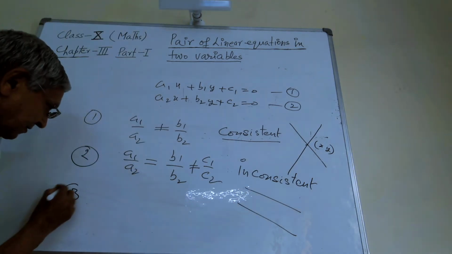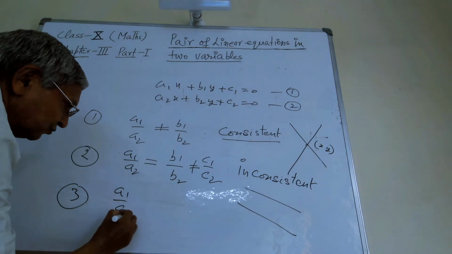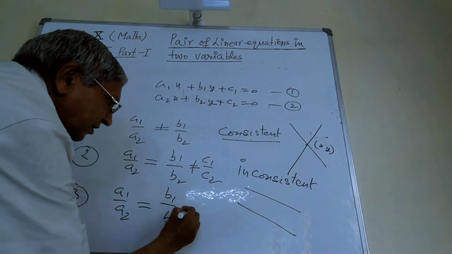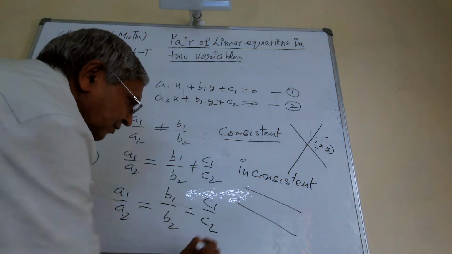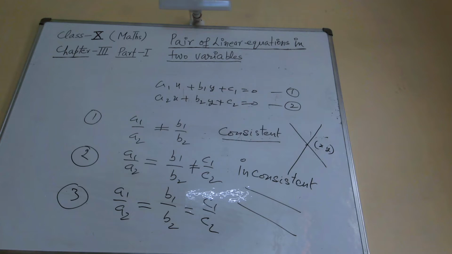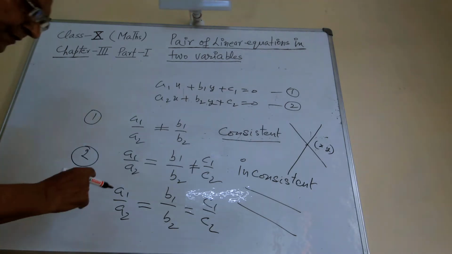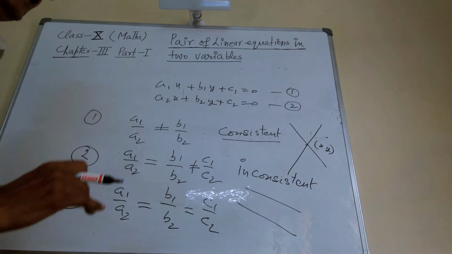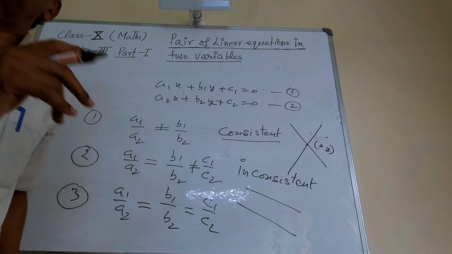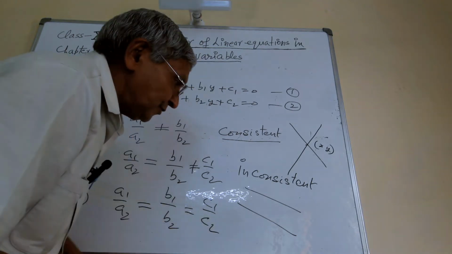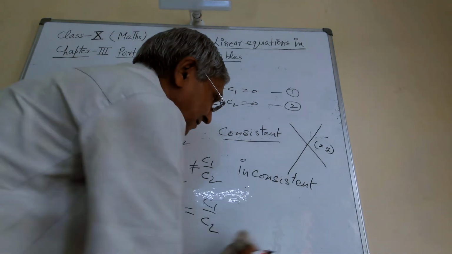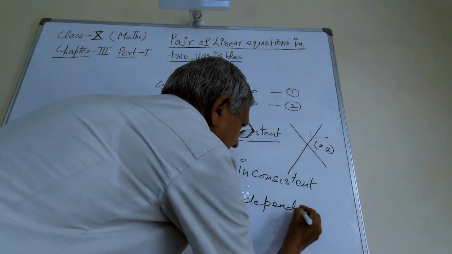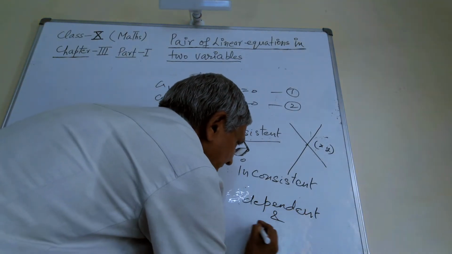Third condition: a1 upon a2 is equal to b1 upon b2 is equal to c1 upon c2. In this third condition, if all three ratios are equal, then these two equations are dependent and consistent.